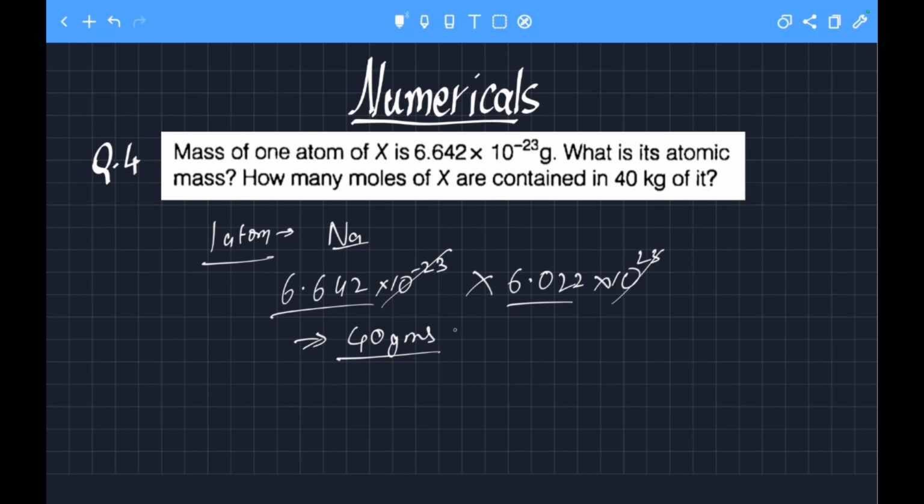Simple. So 1 mole has 40 grams. This is for 1 mole. Now question is how many moles are contained in 40 kg of it. 40 kg is 40,000 grams. इसको 40 से डिवाइड कर दो. You are left with 1000 moles. Simple.